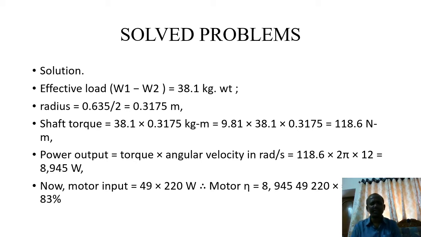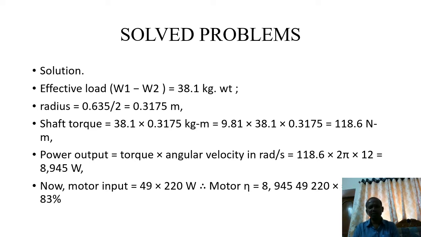Next, you calculate the shaft torque. We know that the effective load on the pulley is 38.1 kg weight. So shaft torque is equal to the effective load W1 minus W2 into R. Here W1 minus W2 is 38.1 and the radius of the pulley is 0.3175 meters.